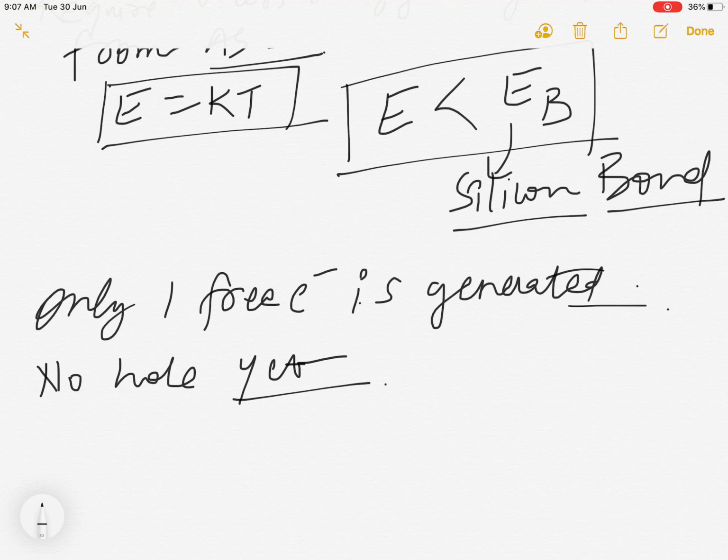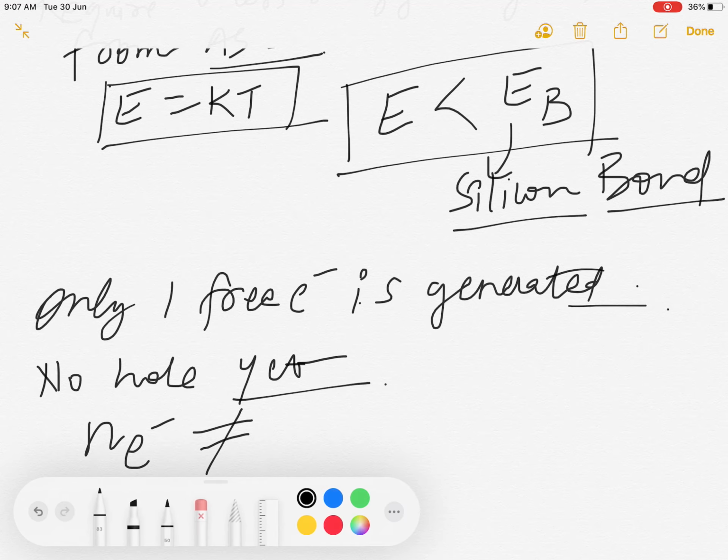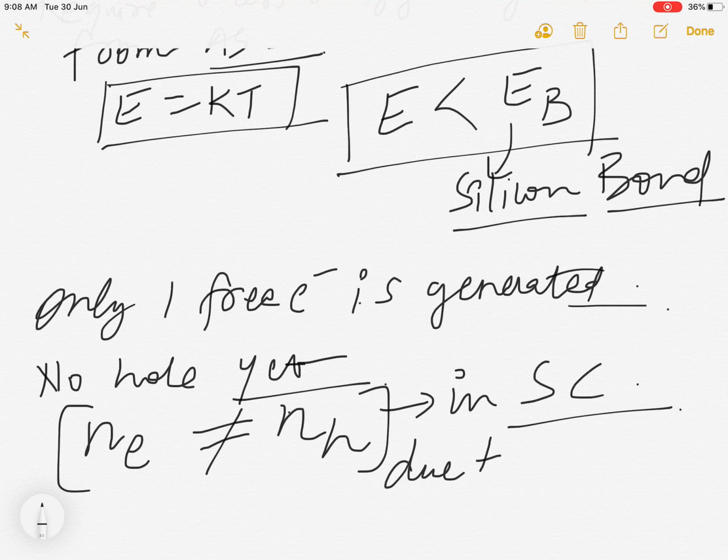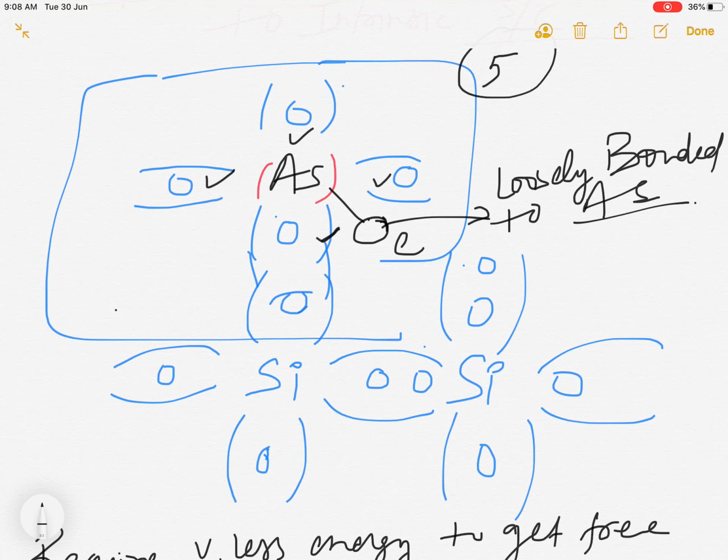So what we can say? We can say that electron concentration, Ne, will not be equal to hole concentration in semiconductor due to डोपिंग. ठीक है, ये होता है. अब डोपिंग कैसे होती है, we will talk about this in later classes, right? लेकिन बेसिक्स इज, if you dope it, if you replace it, how do we replace practically?